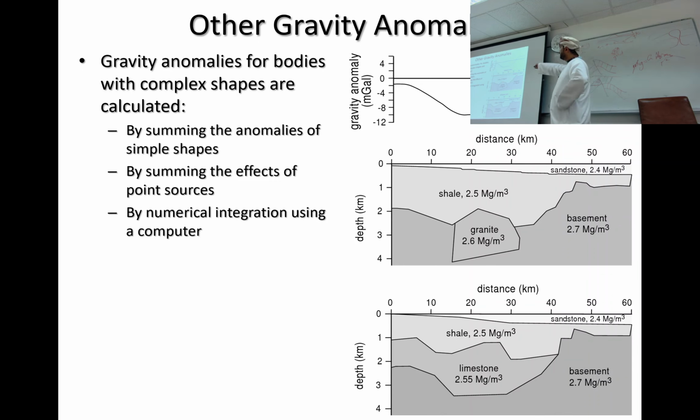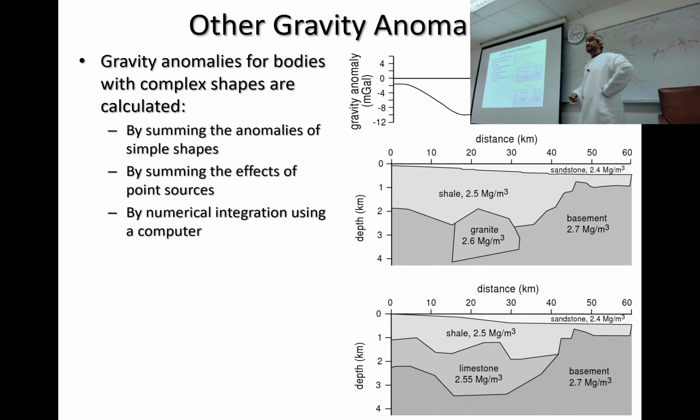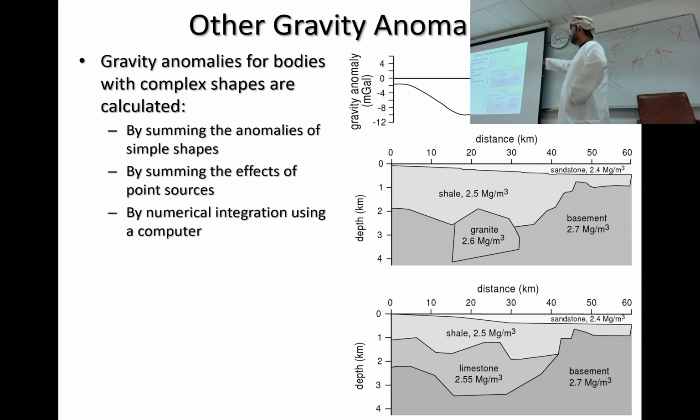So converting from data to models, what kind of modeling is that? From data to models. Yeah, that's inverse. From models to data, that's forward modeling. Bringing data, converting them to models, that's inverse modeling.